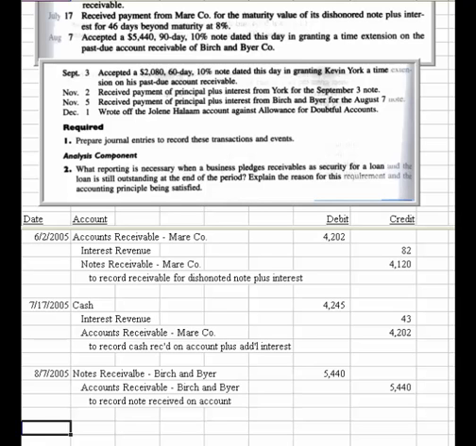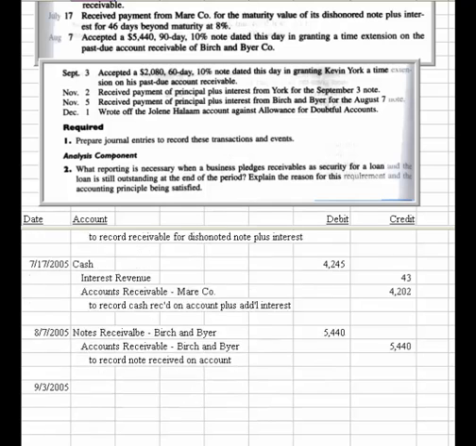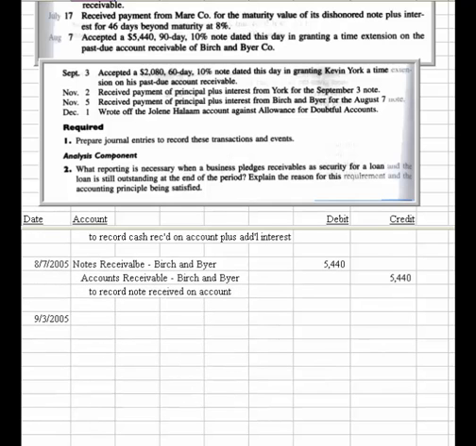Now, on September 3rd, we have a new transaction. We accept a 2080 60-day 10% note dated September 3rd, granting Kevin York a time extension on his past due account. Okay, let me slide the screen down so we have some room to record that. Okay. I see I've got a typo here. Let's fix it.